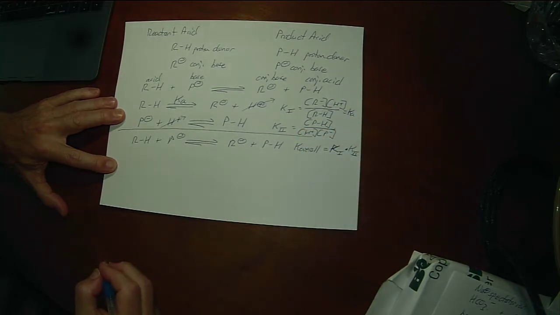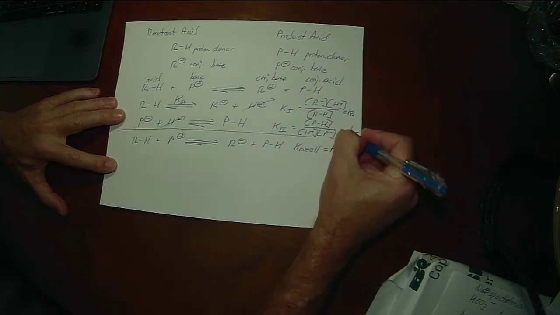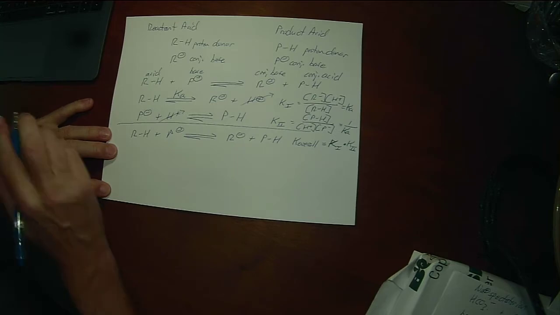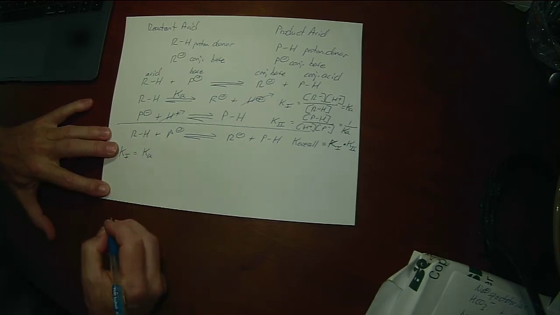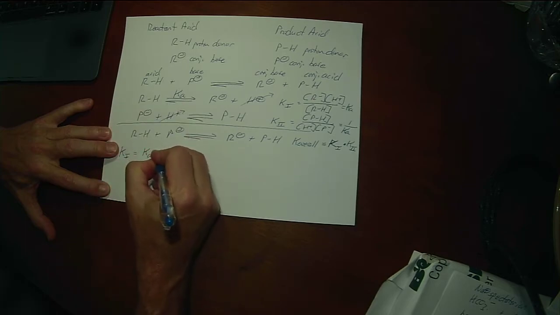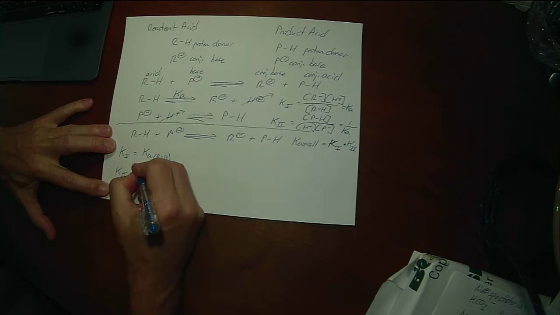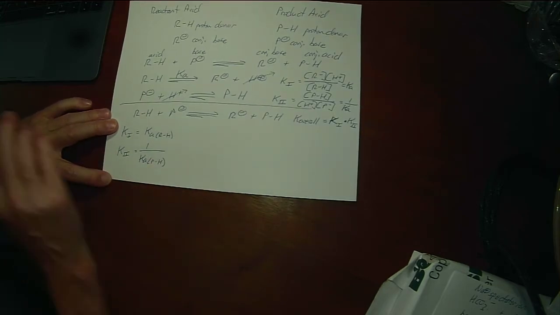That's not an acid dissociation constant. That's actually upside down. So that's 1 over the Ka. So K1 is equal to Ka for RH, and K2 is equal to 1 over Ka for PH. Still with me?